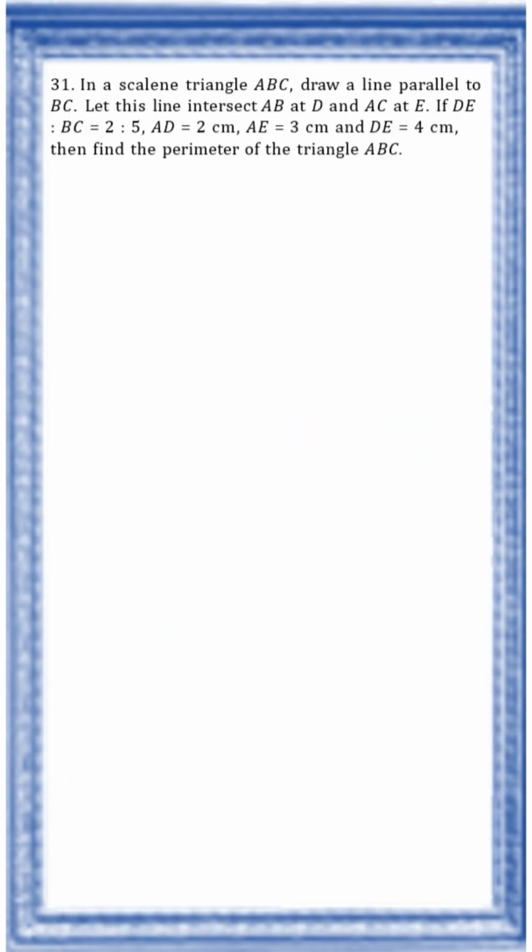Now the 31st question. In the triangle ABC, draw a line parallel to BC. Let this line intersect AB at D and AC at E. If DE is to BC is 2 is to 5, AD is equal to 2 cm, AE 3 cm, DE 4 cm, then find the perimeter of the triangle ABC.